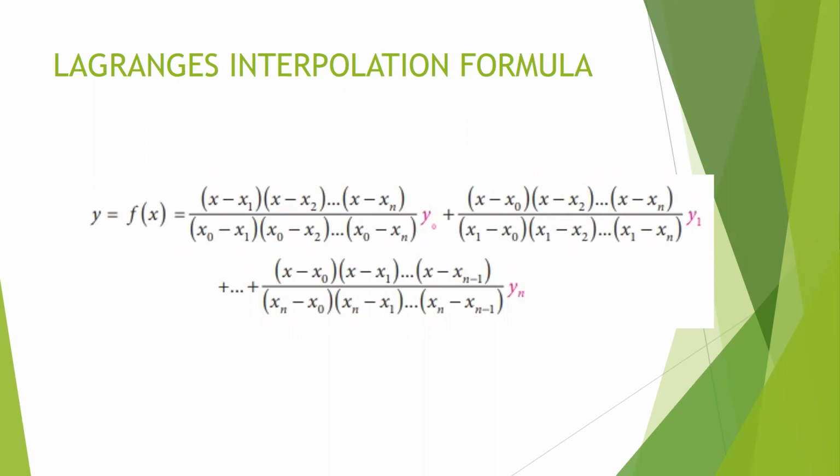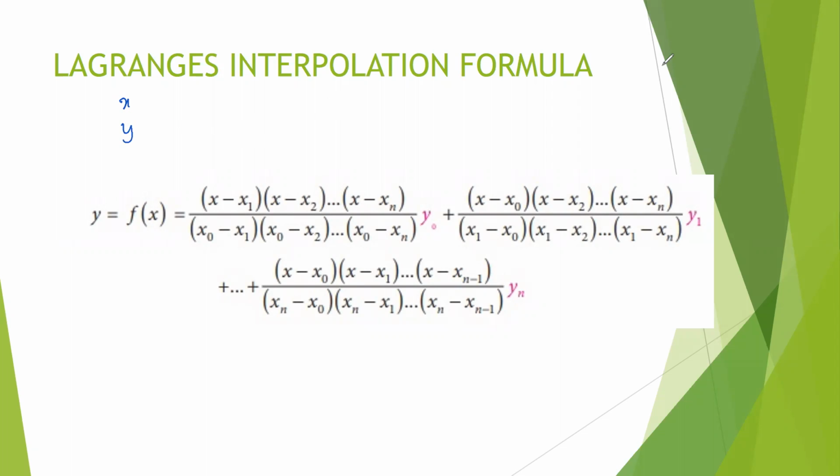First of all, as we were discussing, interpolation means two variables' values will be provided to us. In that, the value of one variable will be calculated with respect to the other one. So x values and y values will be given.